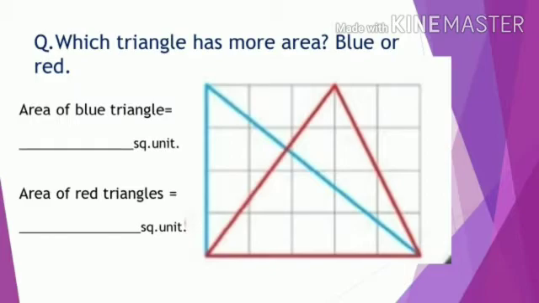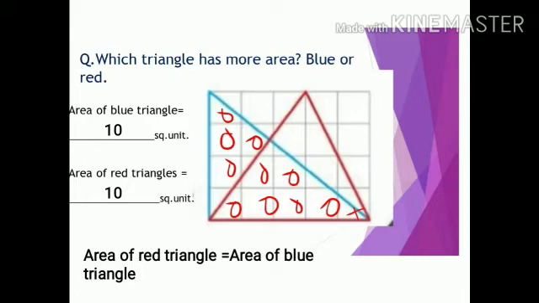Children, which triangle has more area, blue or red? Here you can see there are two triangles, blue triangle and red triangle. So let's find out the area of the blue triangle first.